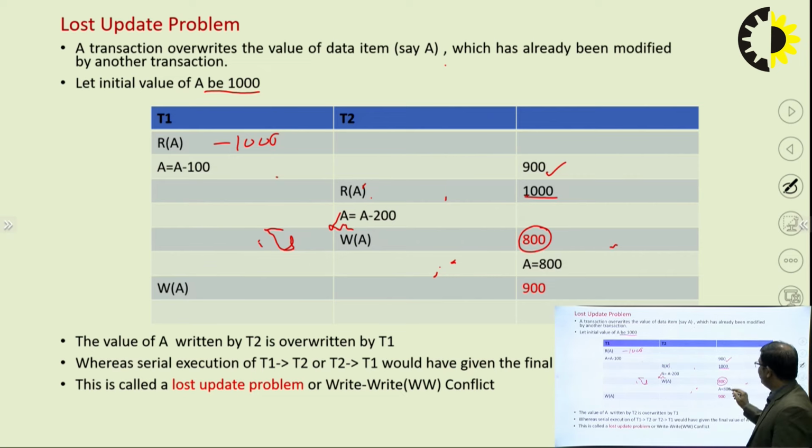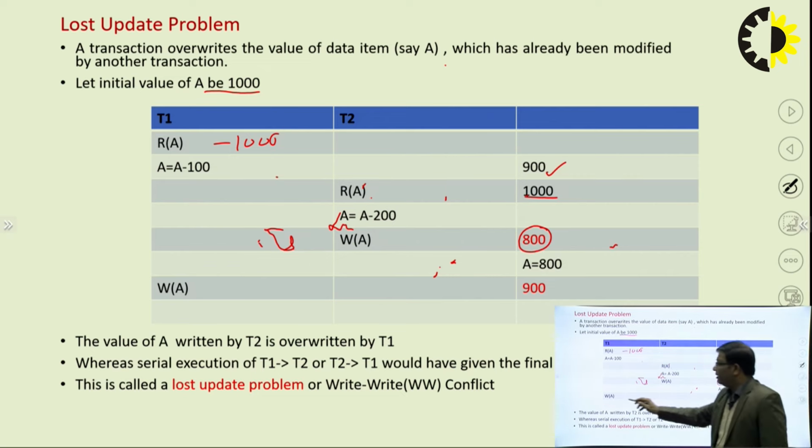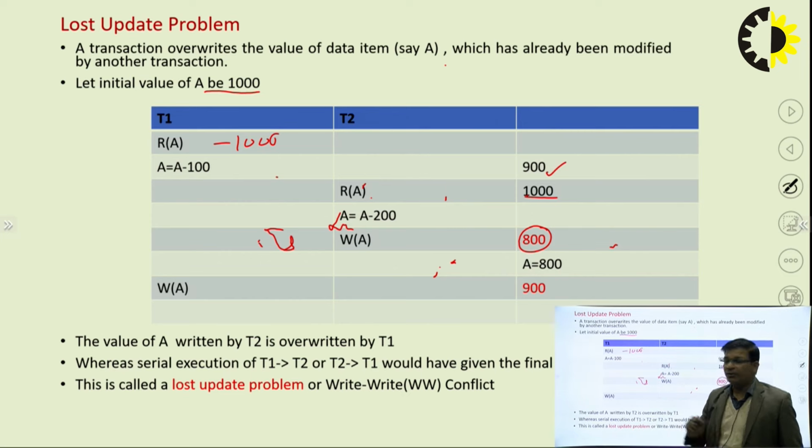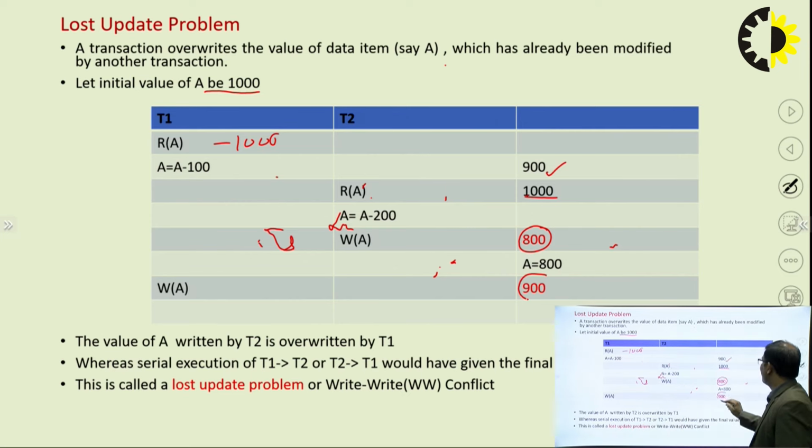So in this scenario, T1 writes the value of A after deducting 100 from its initial value, so A gives 900, and T2 gives 800. So T1 and T2 produce different results, and this is not good. This is a useless transaction.